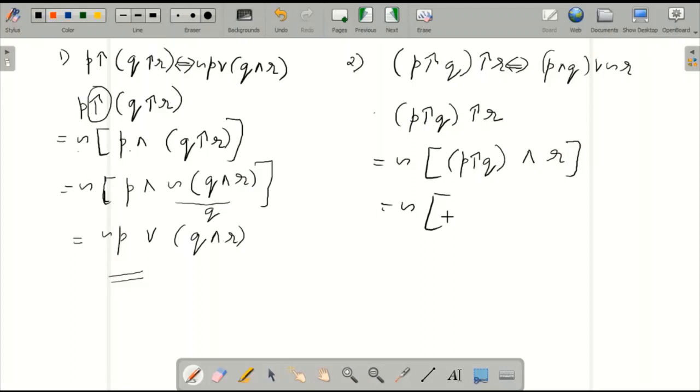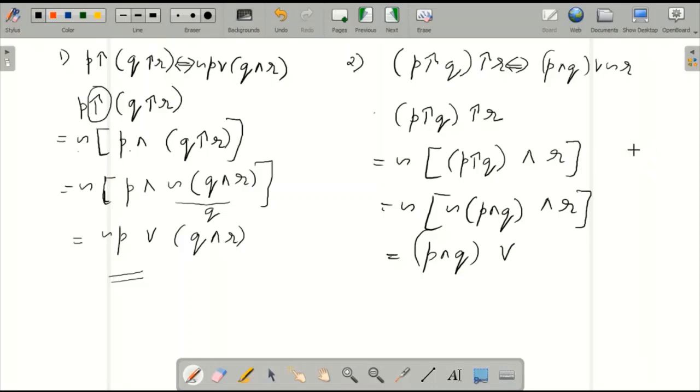What is this again? It is nothing but not of (P and Q), and this and as it is. Now apply De Morgan's law. When you apply De Morgan's law, the negations will get cancelled. Whole De Morgan's law notation: and becomes or, and here we get a negation.